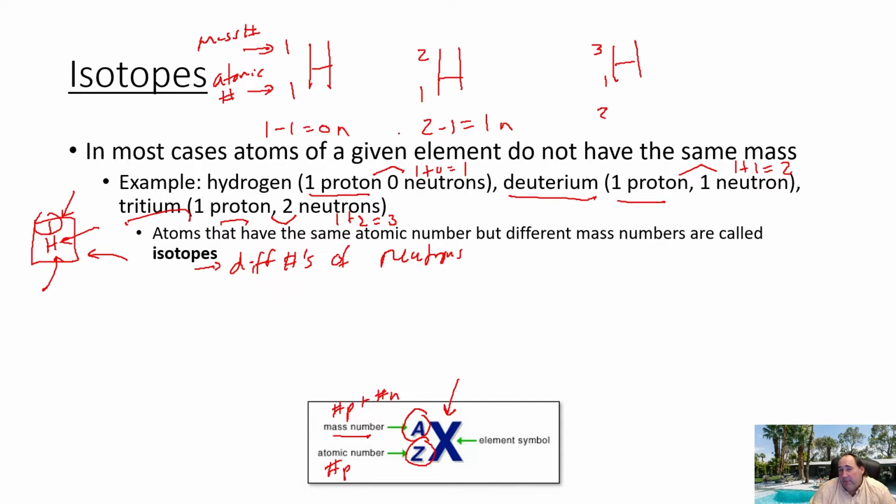So our neutrons, 3 minus 1, is 2 neutrons. So although they have 3 different names, hydrogen, deuterium, and tritium, they are all hydrogen because they all have 1 proton. And they are all isotopes of each other because of that.